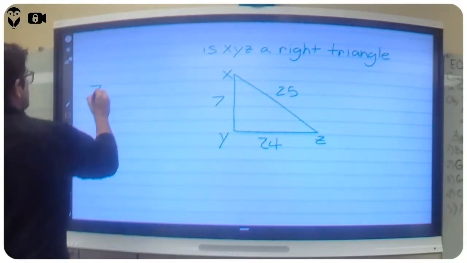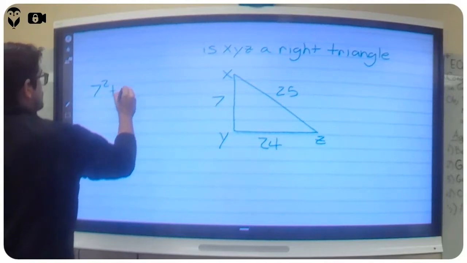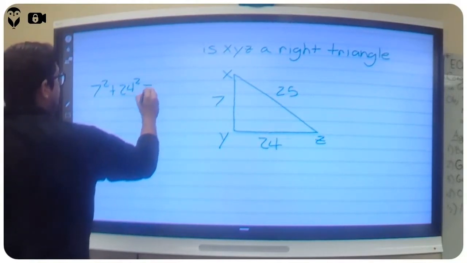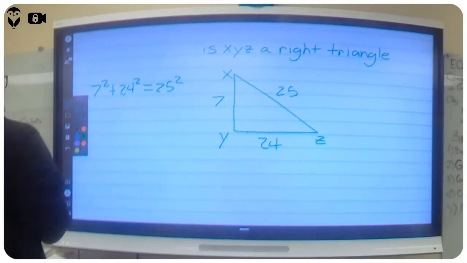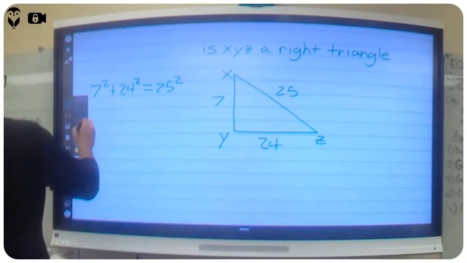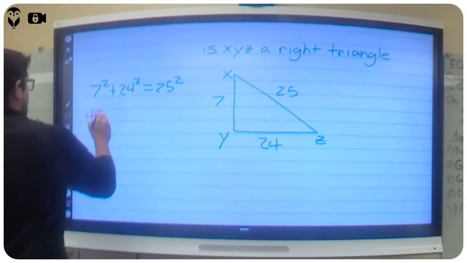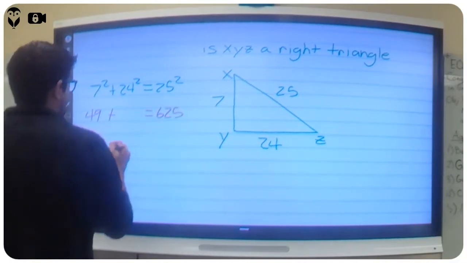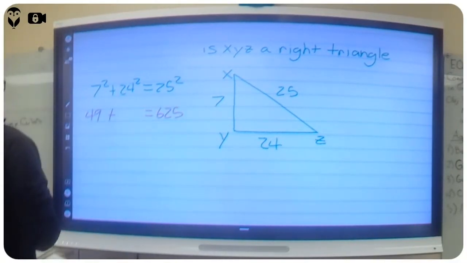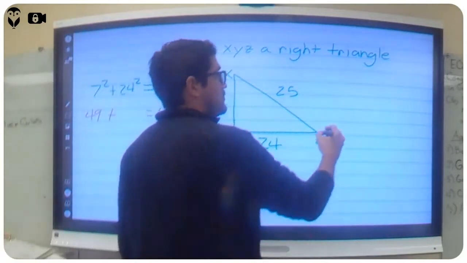So 7 squared plus 24 squared has to equal 25 squared. So this one we know is 49, right? Plus this one we know is 625. This one is the one we have to figure out. So I'll do 24 times 24 over here.